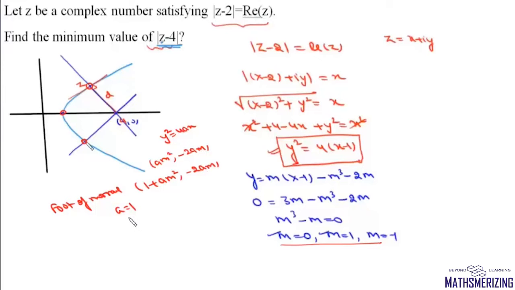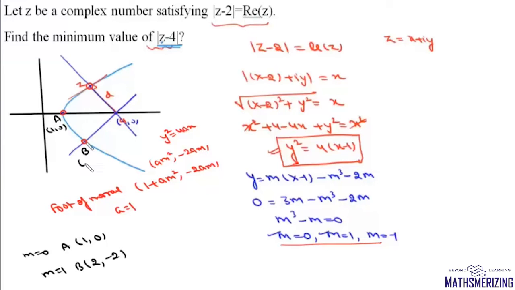So now we'll start putting in the value of a and the value of m. We'll take m as 0. We'll get this point, say A, and it will be simply (1, 0). If we put m as 1, then we'll get this point, say B. So a is 1 and m is 1, so it will be (2, minus 2).